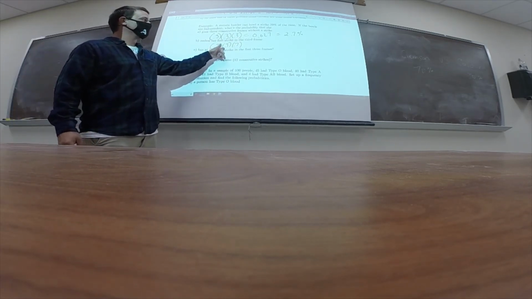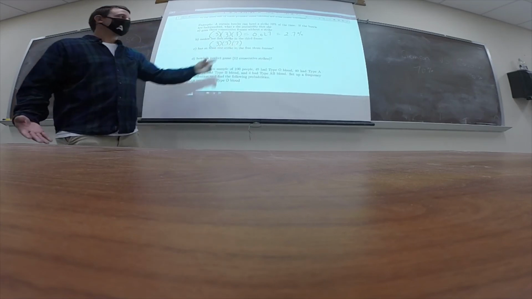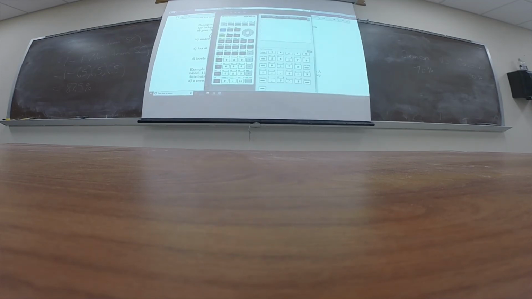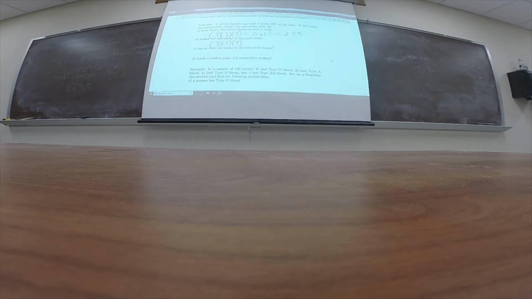That means she had to miss twice and then make it. Now I just have to multiply all of it. 0.3, 0.3, 0.7. Should give me about 6.3%. Okay?